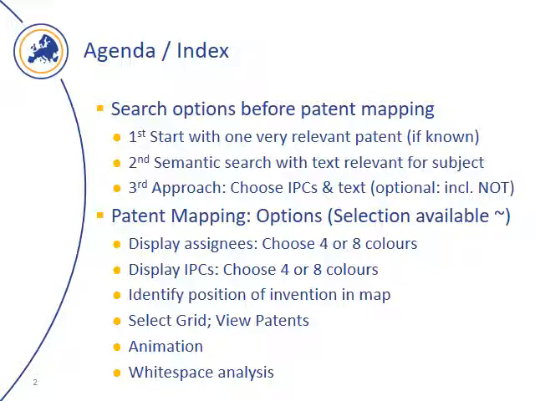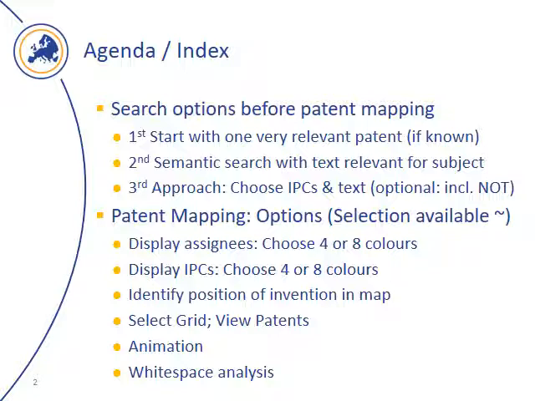In the following I would like to explain and show with screenshots from the one program I used for patent mapping, that is PatSnap, how the different options can be used.